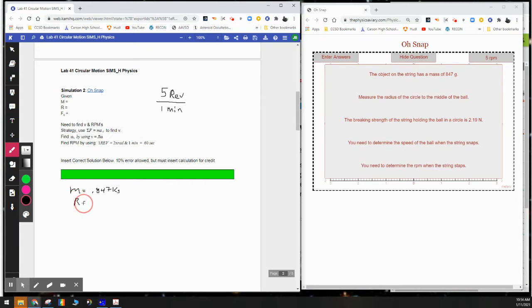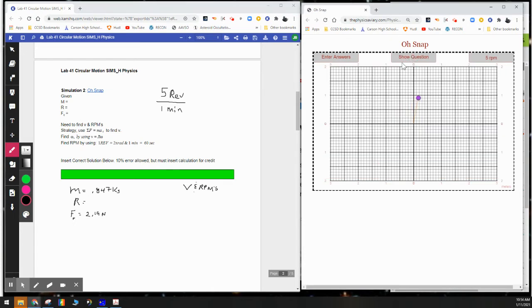The breaking strength, the tension at which the string will break, is 2.19 newtons. It asks what is the speed at which it snaps and what is the corresponding RPMs. So that's what we need to find here, the speed and the RPMs.